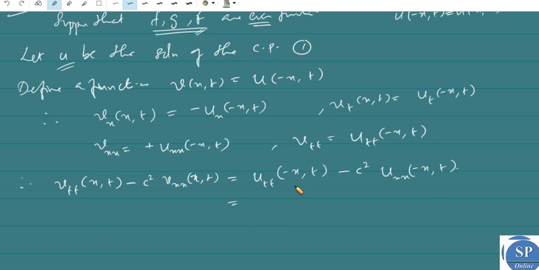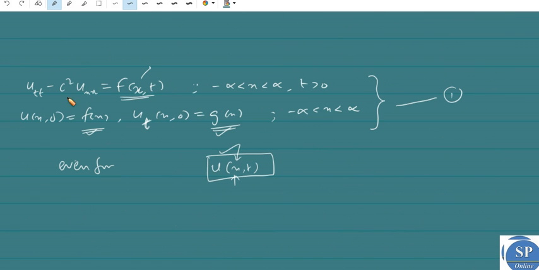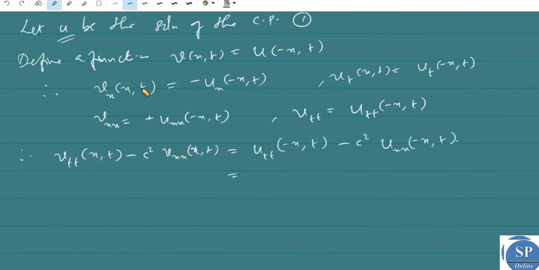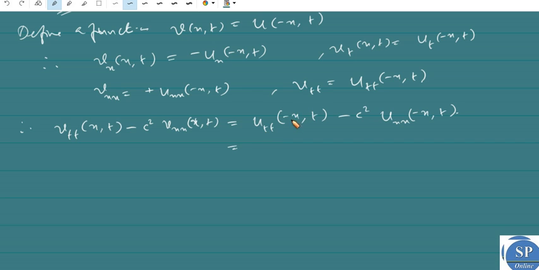We know that u satisfies this differential equation because u is the solution of this Cauchy problem: u_tt minus c squared u_xx equal to F of x, t. So by using that, we have u_tt of minus x, t minus c squared into u_xx of minus x, t is nothing but F of minus x, t.